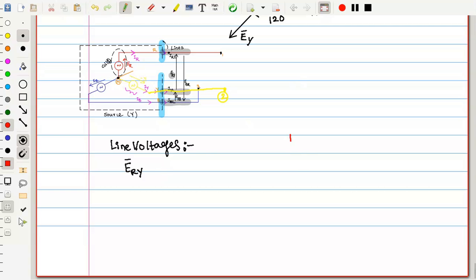This is R phase, ER phasor, and just for your understanding I am putting only for this case EY phasor, magnitudes, arrow pointing positive.